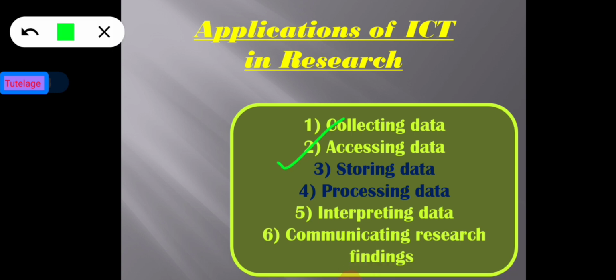Now going to the second point, that is accessing data. Secondary data can also be accessed online. There are online portals which can be used by researchers for accessing data. Various departments of government, institutions and organizations upload their annual reports online. E-books, digitized rare resources, and manuscripts can also be accessed online for research purposes.